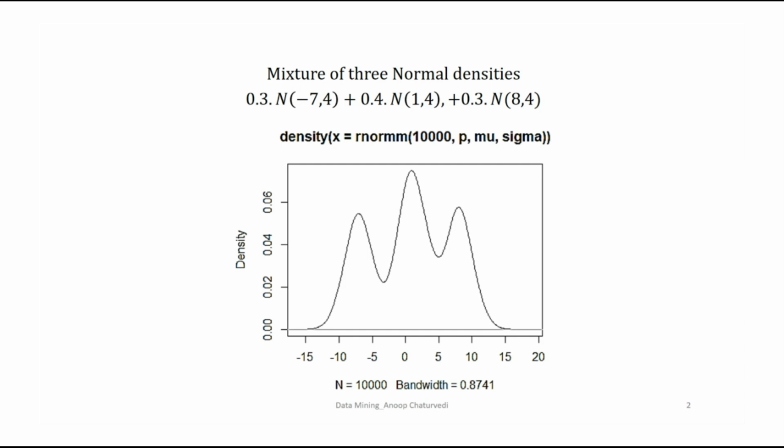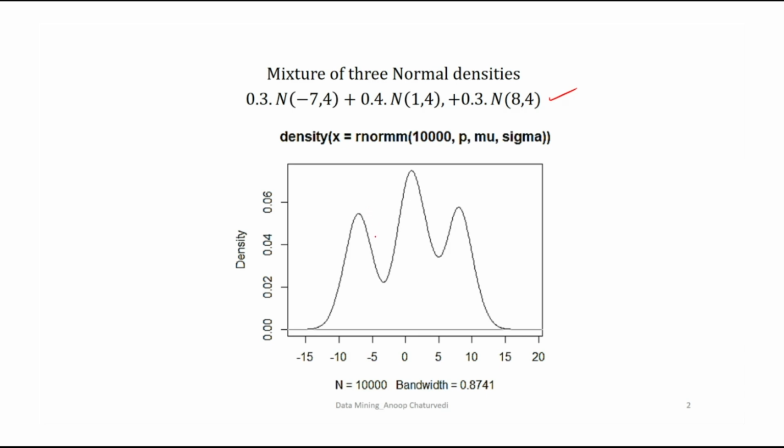Now, here we have plotted a mixture of three normal densities, say 0.3 into normal distribution with mean -7, variance 4, plus 0.4 into normal 1, 4, plus 0.3 into normal 8, 4. And we have 10,000 observations, and then ultimately we plotted the density. So, from this mixture of normal distributions, we have generated 10,000 observations first, and then we have plotted the probability density of the observations, and from here you observe that the observations show some kind of clustering.